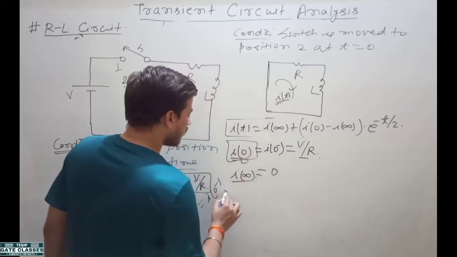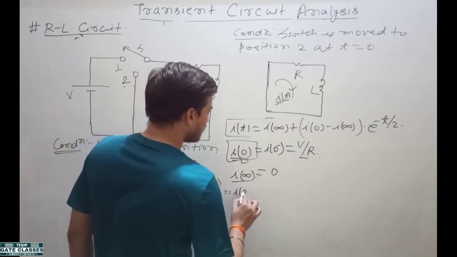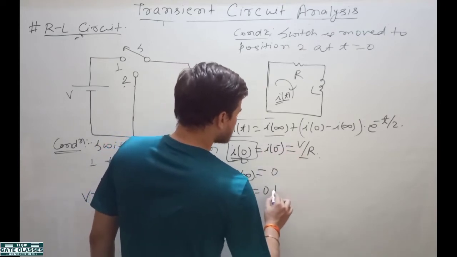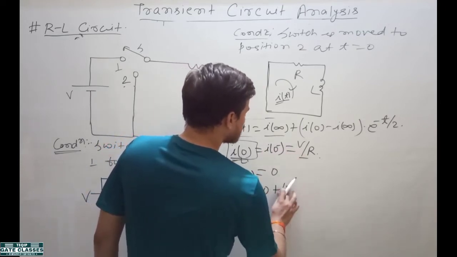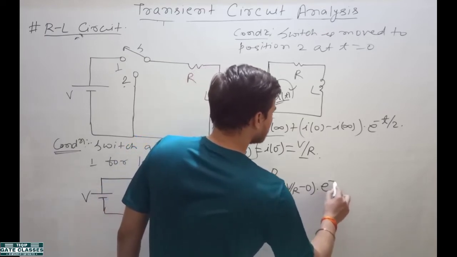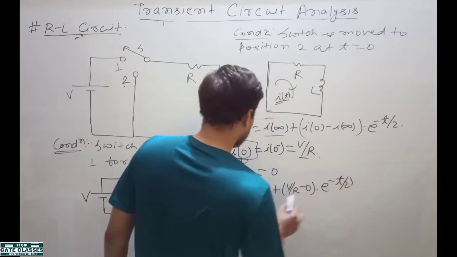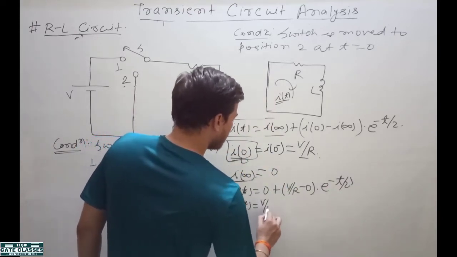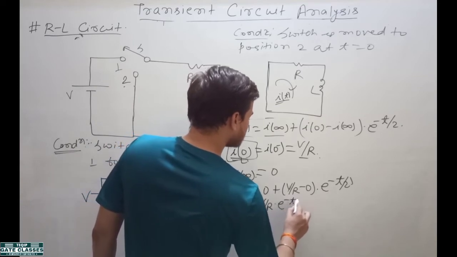Now put the value, write the expression. IT will be equal to I infinity, that means 0, plus V by R minus 0 into e to the power minus t by tau. From here you get IT equal to V by R into e to the power minus t by tau.